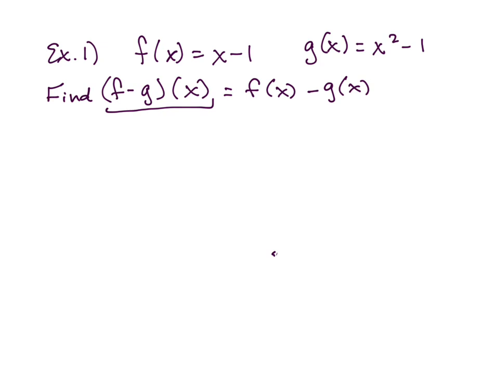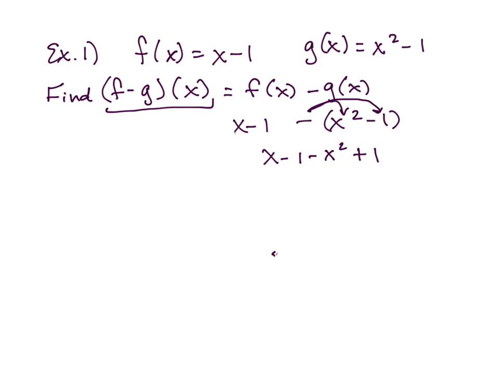I'm going to take my f of x function, which is x minus 1, and I'm going to subtract my g of x function, which is x squared minus 1, carefully distributing that minus sign. So I have x minus 1 minus x squared. What happens when I subtract negative 1? Plus 1. Good.